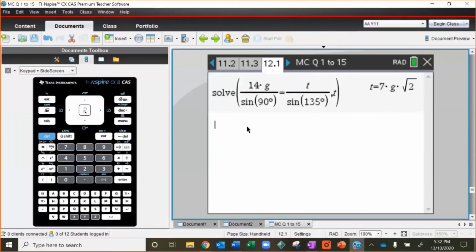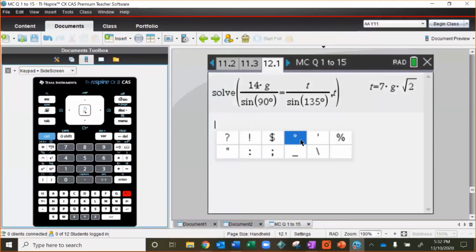I'm in radians, but I force the calculator to use degrees because I put the degrees sign. The calculator returns T equals 7g square root 2, which is our answer to this question, E.